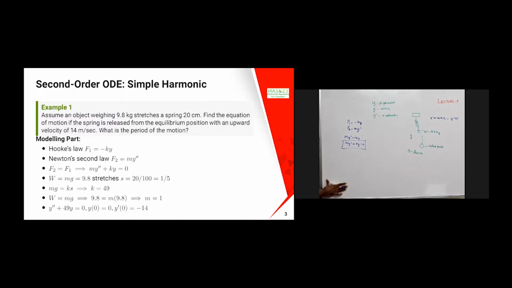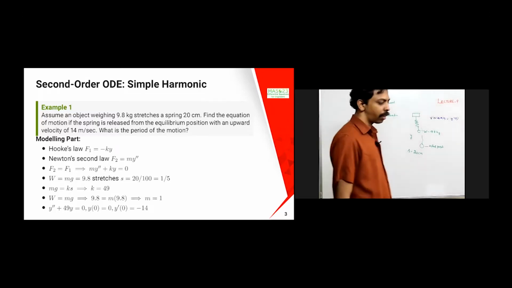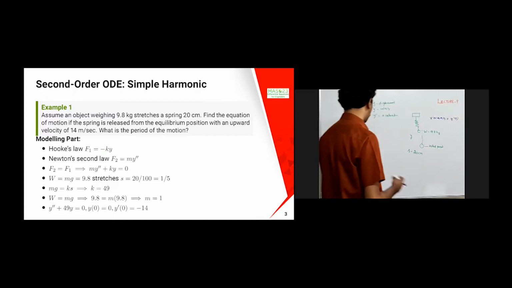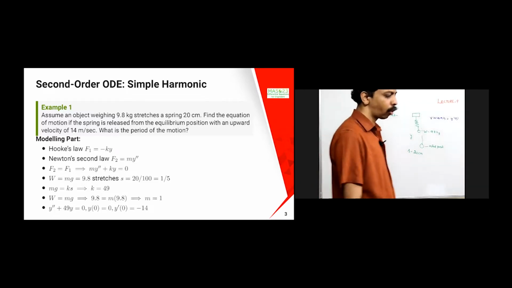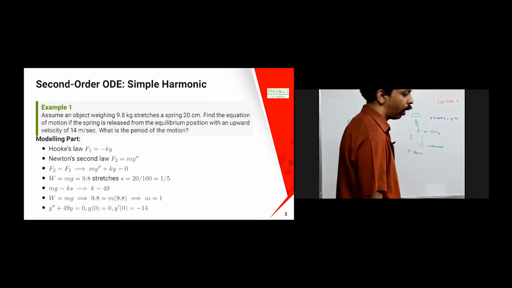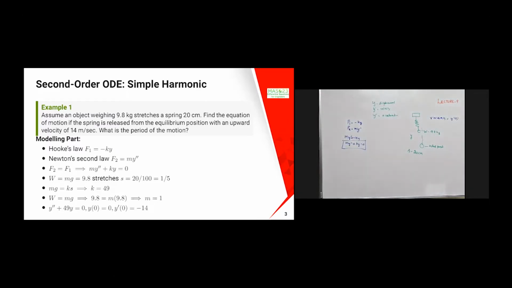Since I'm assuming the remaining things are negligible, my equation of motion is m y double dash plus ky equal to 0. Now I need to find m and k.